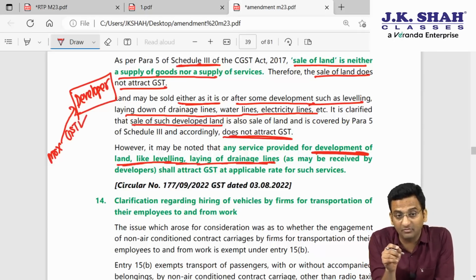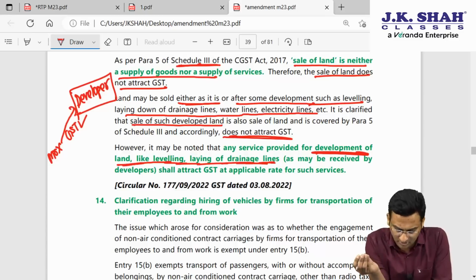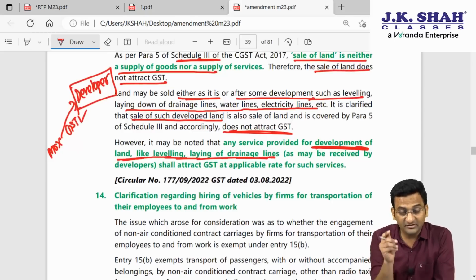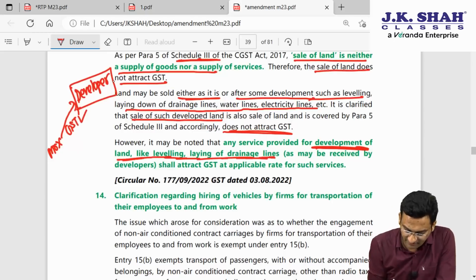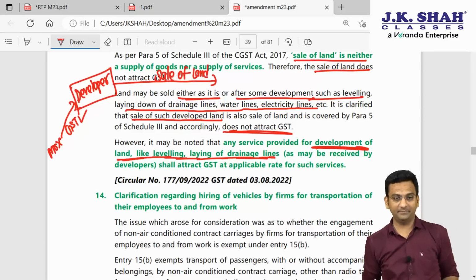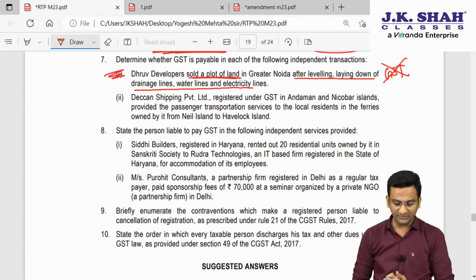In that case, friends, such service is taxable. But if the developer, after this development, sells the land, then that is not a supply. I hope you have understood this question, friends.